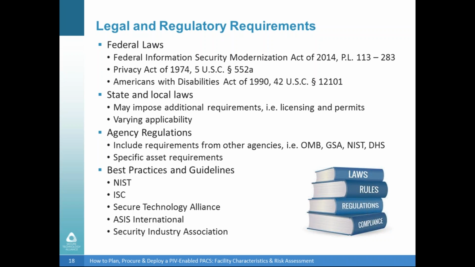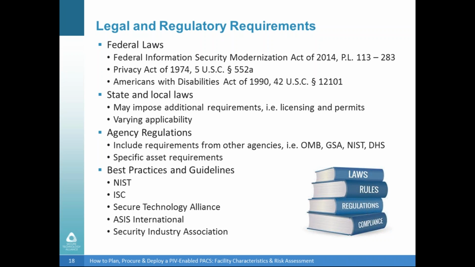FISMA gives NIST the authority to issue requirements for cybersecurity and PIV technical specifications in the form of Federal Information Processing Standards. The Department of Homeland Security issues requirements that are binding on all agencies, in its role as the chair of the Interagency Security Committee.